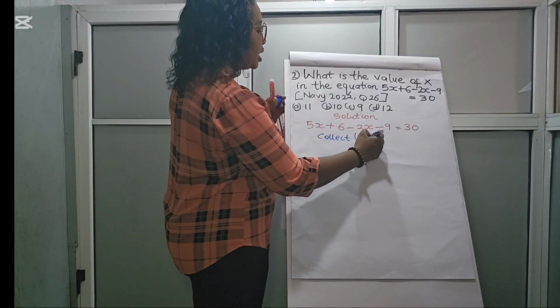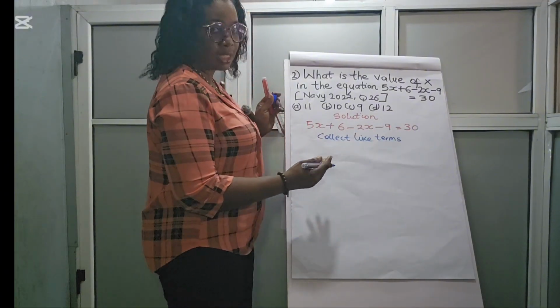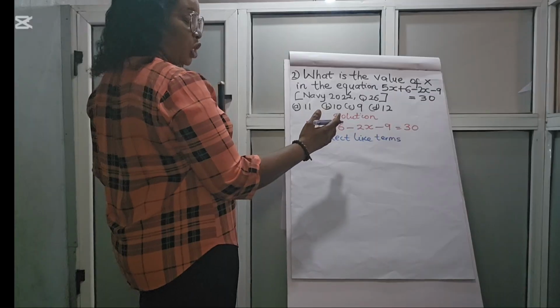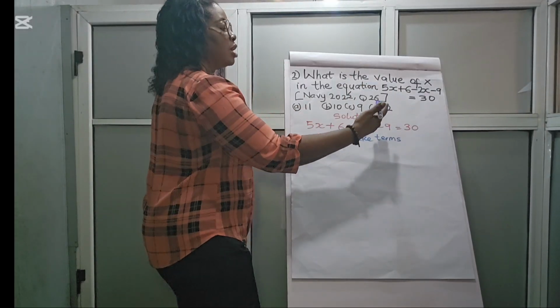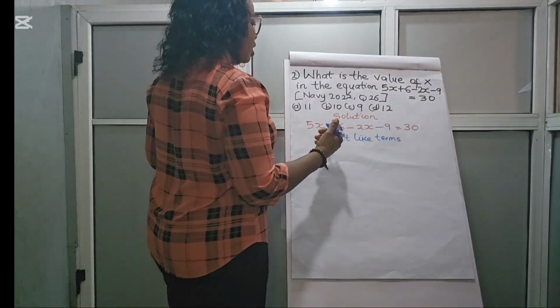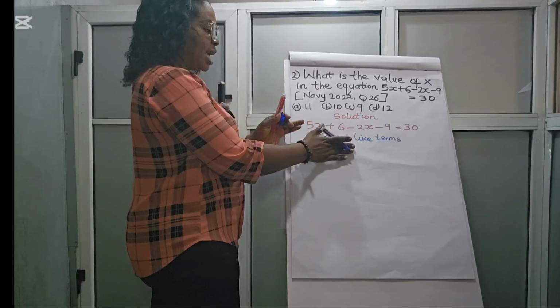When we say collect like terms, all families of x will be on the left-hand side of the equation, and all whole numbers will be on the other side of the equality sign.